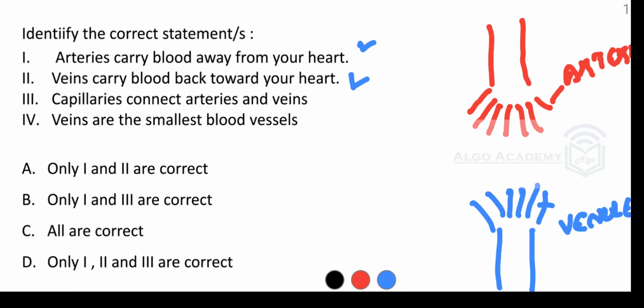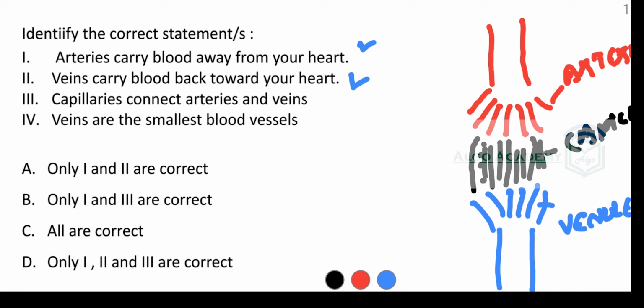In between these arteries and veins, another system of very minute micro vessels is present, and these are called the capillaries. The fourth statement, veins are the smallest blood vessels, is wrong because capillaries are the smallest. So statements 1, 2 and 3 are correct. Option D is the right answer.